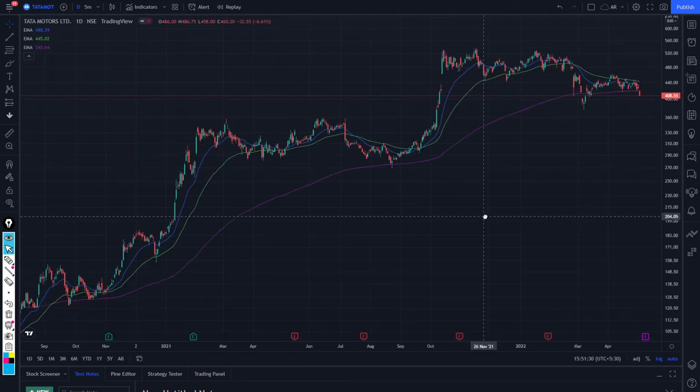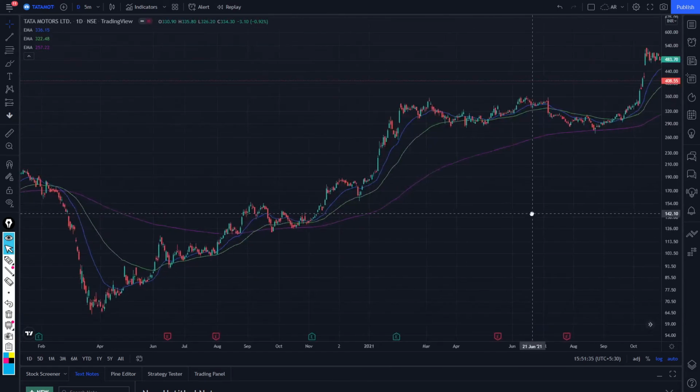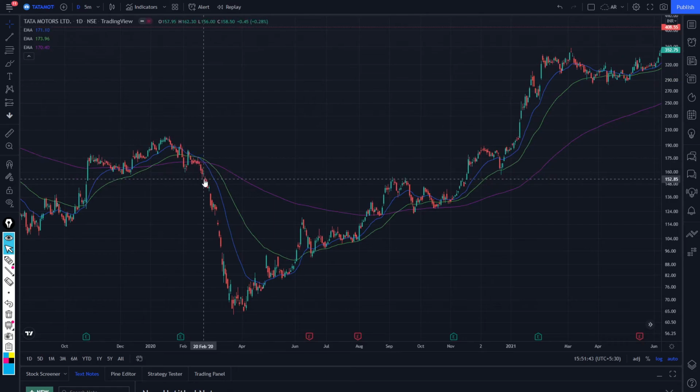A very simple and common thing: when any share price or market is above all the averages, it's bullish. When it's below all the averages, it's bearish. There is no rocket science in that. It's common sense, and you have to use common sense.